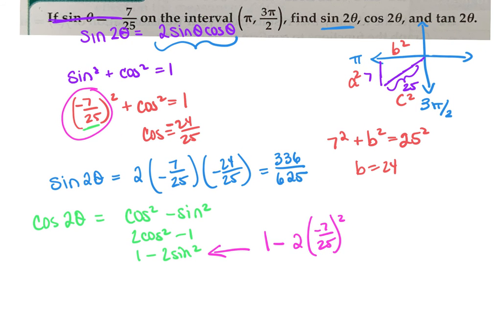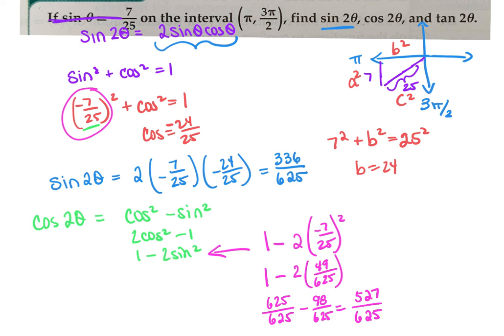All right, so if I do that, what's 7 if I square it? 49. 25 squared is 625, right? We know we're going to have to make that a common denominator of 625 over 625. 2 times 49 is 98 over 625. And what did they get? 527 over 625 when you subtract it out.